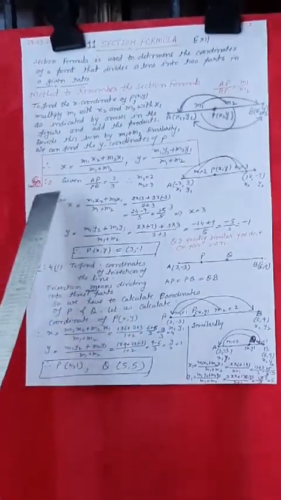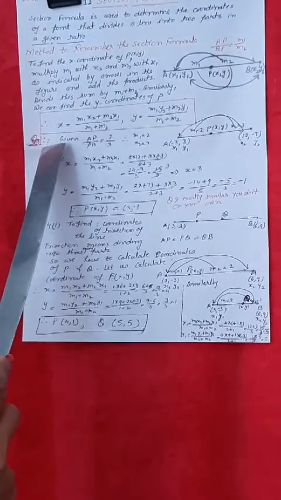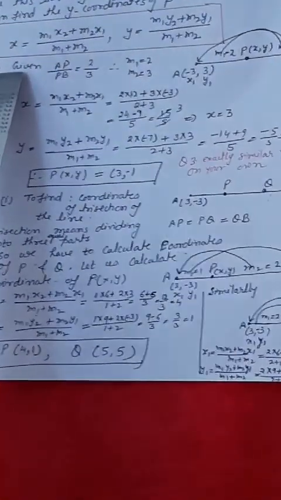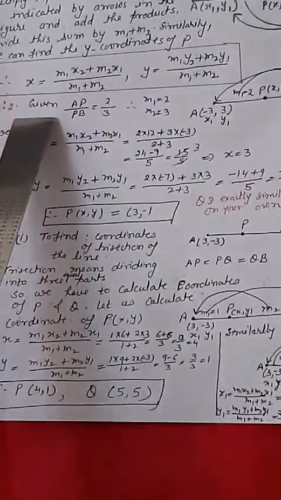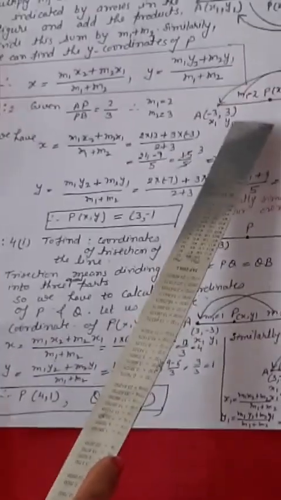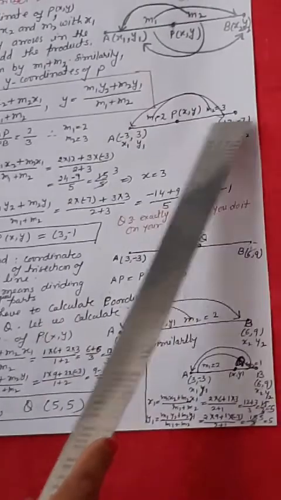Now, see the question I am taking from exercise 11, question number 2. It is given that the coordinate of A is minus 3, 3 and the coordinate of point B is 12, minus 7. Join this line AB.